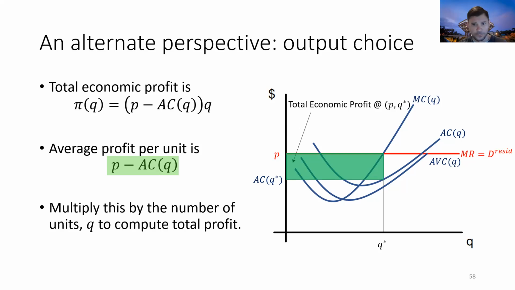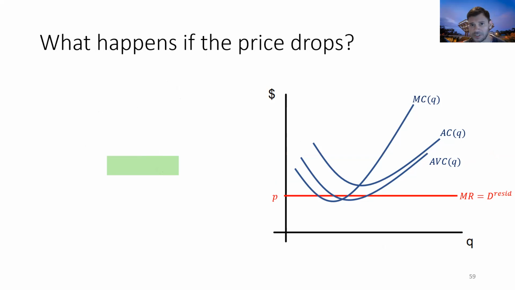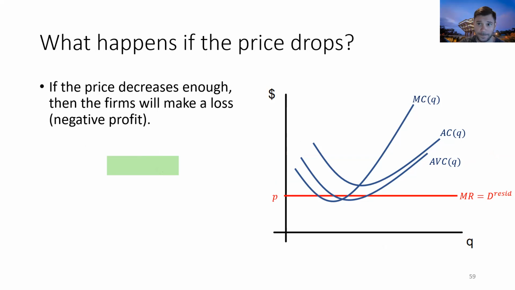Now, let's suppose for a minute something happens in the market and it causes the price to drop. Suppose the price drops. And if the price drops enough, we should be able to see that instead of making a positive profit, this can cause the firm to incur negative profits, also known as a loss.